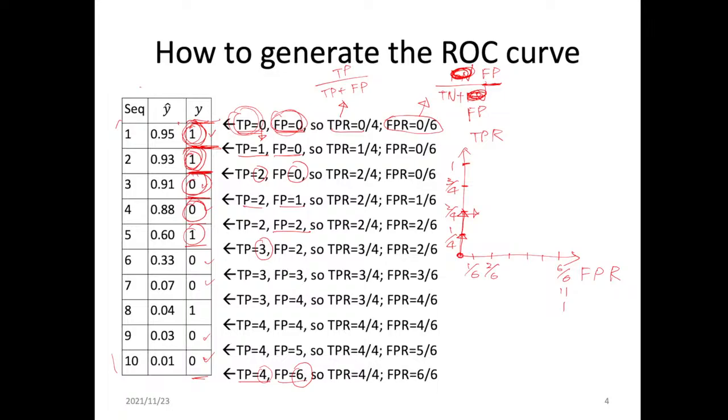You see another 0, you move rightward. You see another 1, you move upward. And another 2 zeros, so you move rightward and rightward. You see a 1, you move upward. You see another 2 zeros, you move rightward and rightward. And that's the ROC curve.